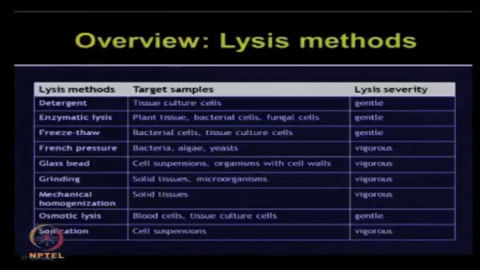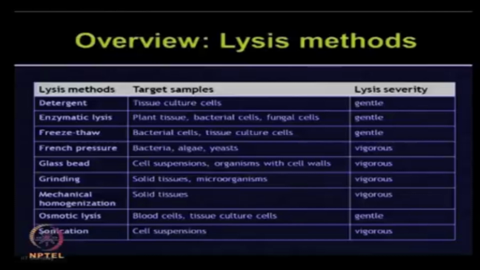Now, I will give you an overview of lysis methods. We have talked about all of these methods briefly. One can use detergents if your target sample is tissue culture cells. This is going to provide a gentle lysis method.